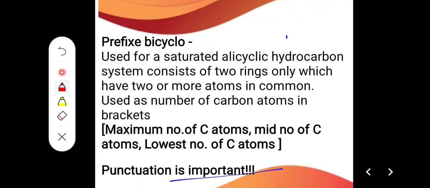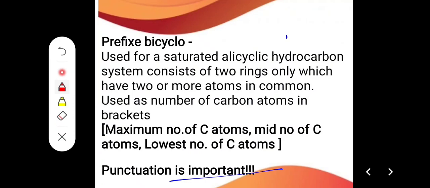If in all cases the maximum, middle and lowest numbers of carbon atoms are the same, we have to consider three numbers in the bracket. For example, if the maximum number of carbon atoms is 2, the middle number is also 2, but the lowest is 1, then in the bracket we write 2 2 1.